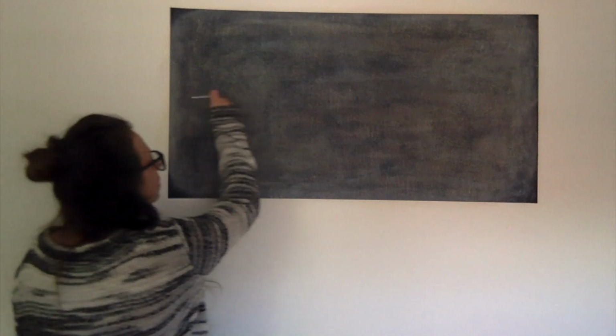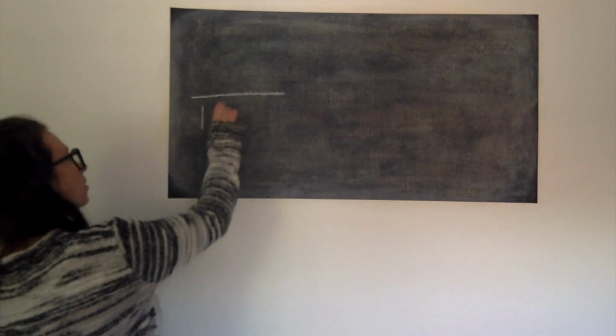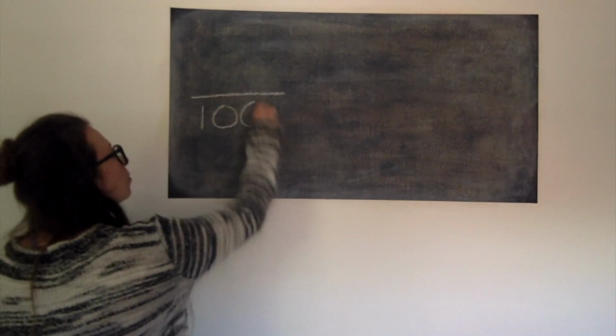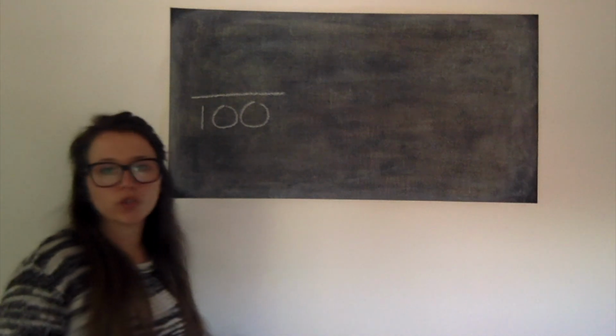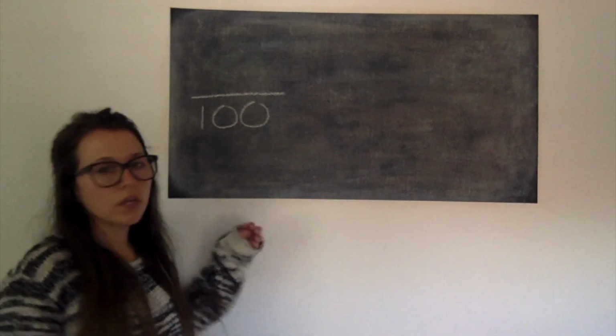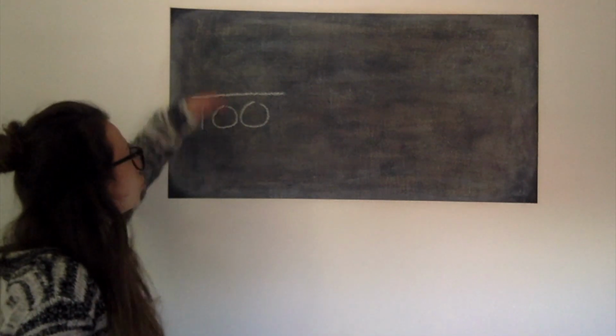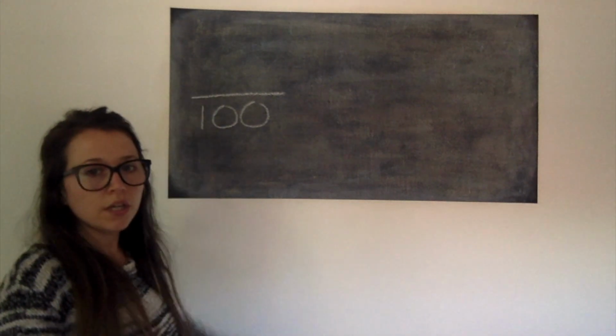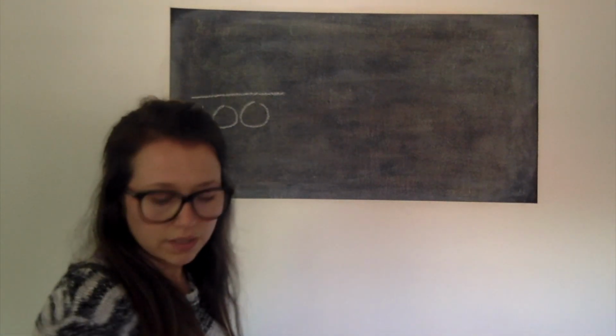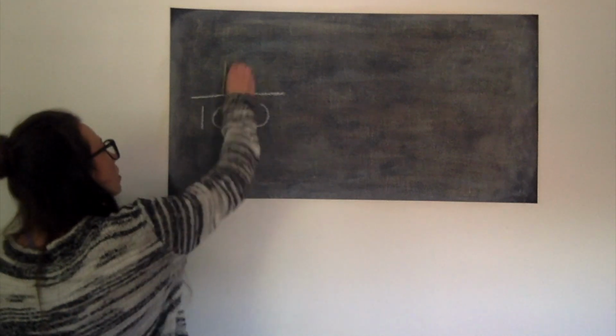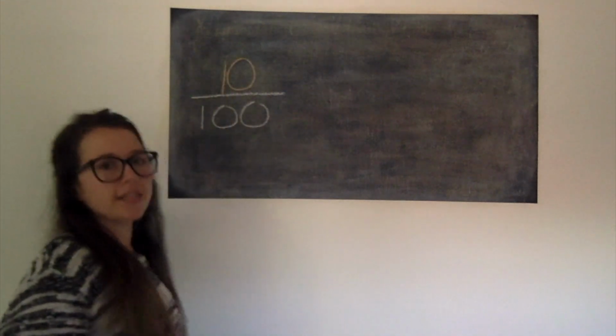As we know that percentage means per 100, when we're thinking about fractions, our denominator to turn it into a percentage must always be 100. 100% is your whole, so it is out of 100 or per 100. So let's say somebody got 10 out of 100 on their test.